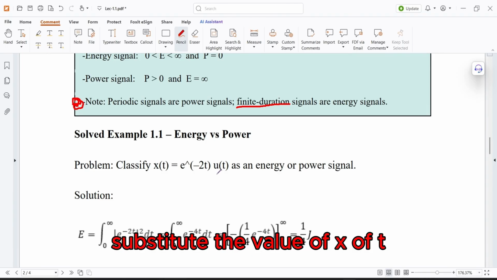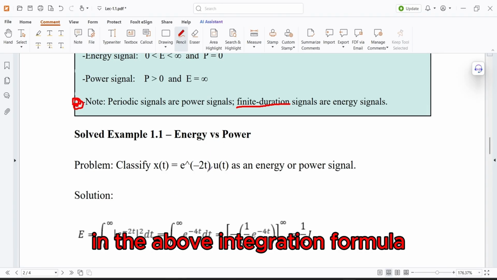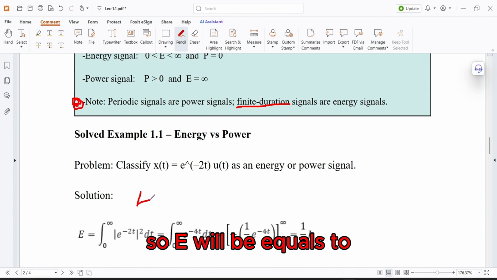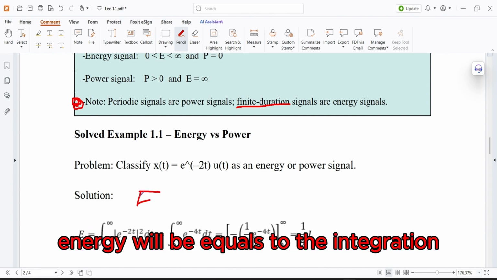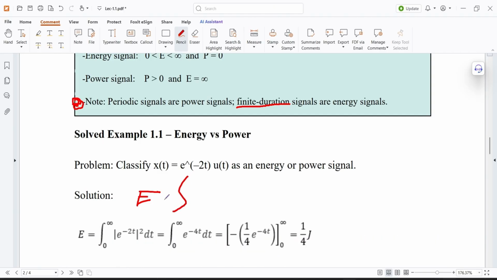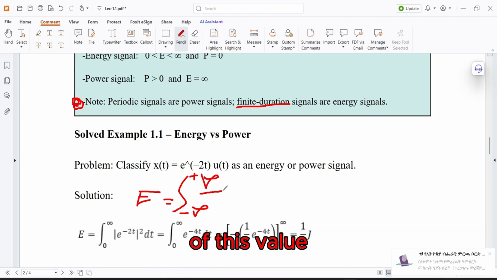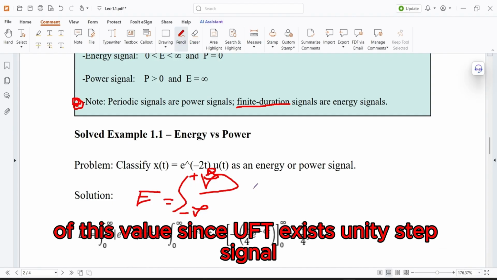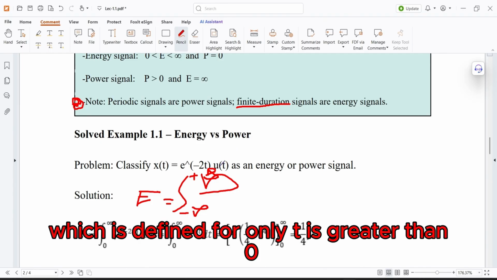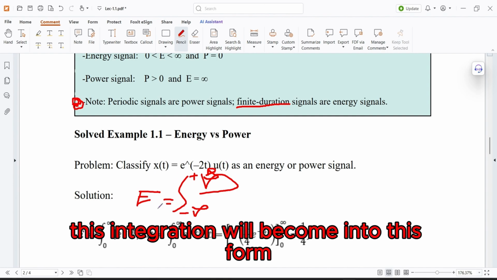Substitute the value of x of t in the above integration formula. So energy will be equal to the integration from negative infinity up to positive infinity of this value. Since u of t is the unit step signal, which is defined only for t greater than 0, this integration will become this form.